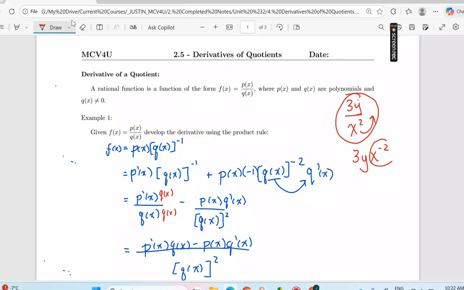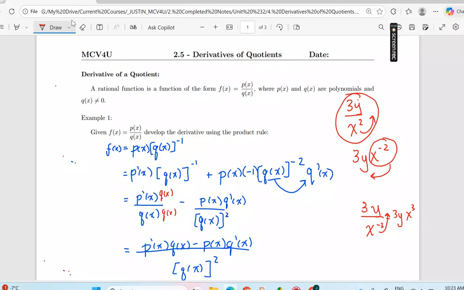Negative exponents allow me to bring it either down or to the top. For example, 3y over x to the power of negative 3 is the same thing as 3y times x to the positive 3 if I bring it to the top.